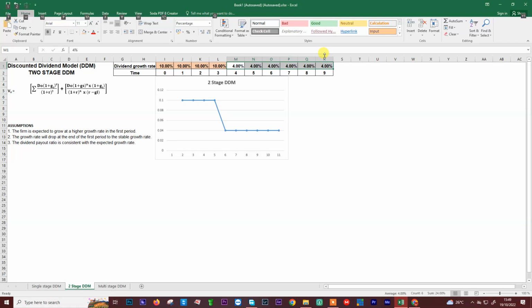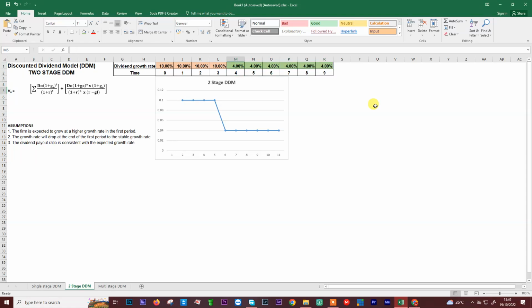So Alt, H, then H again, and select a color of my liking, maybe green. So that's the stable growth rate.